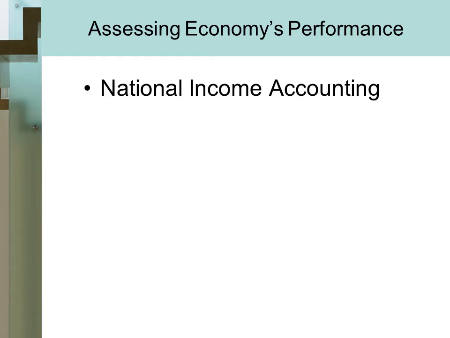Gross domestic product. This chapter is called National Income Accounting. Well, accountants are basically economists without personality, so sorry to throw a little zinger there at the accountants. Any business would typically have both financial and managerial accounting.